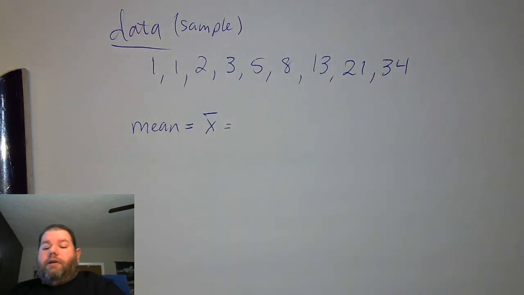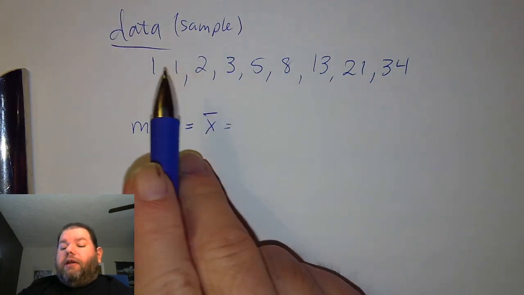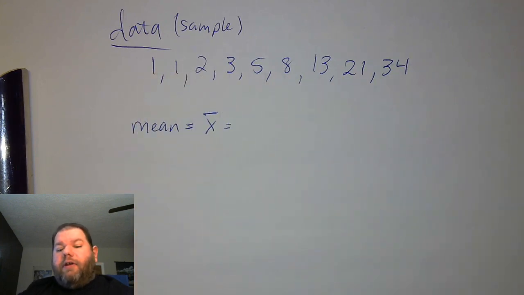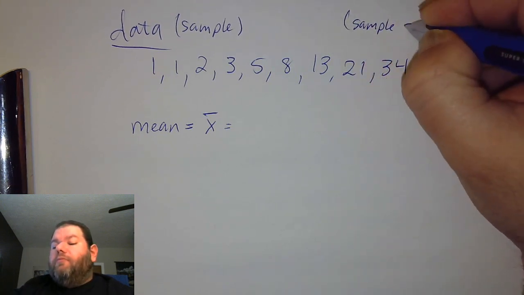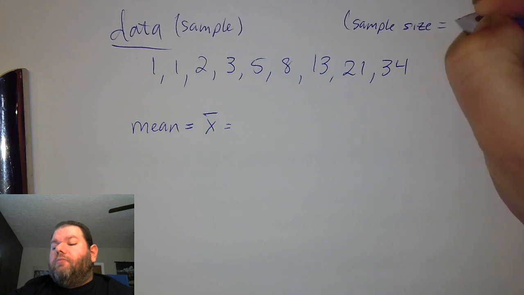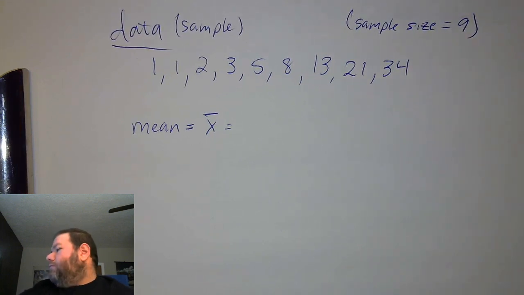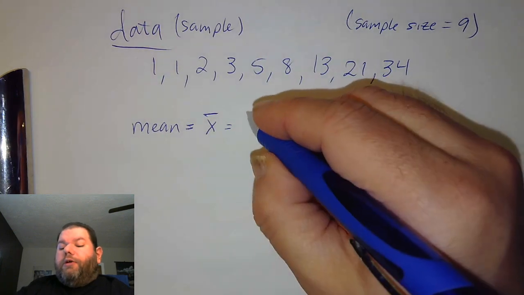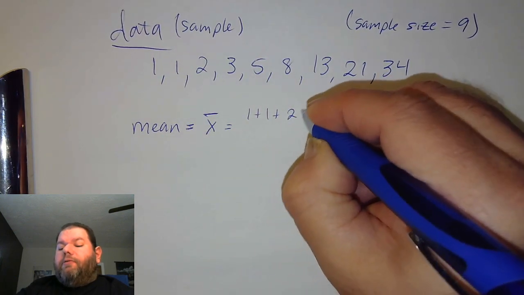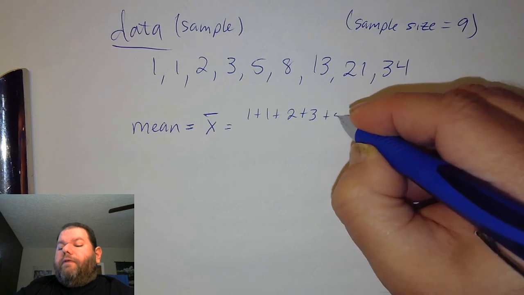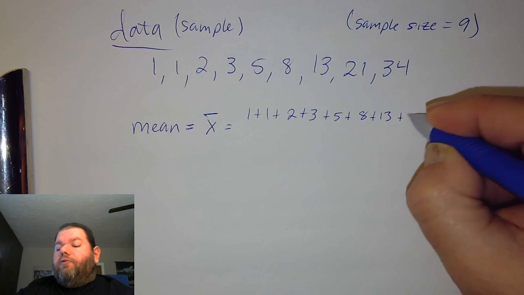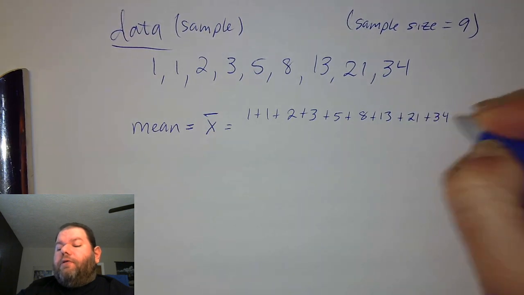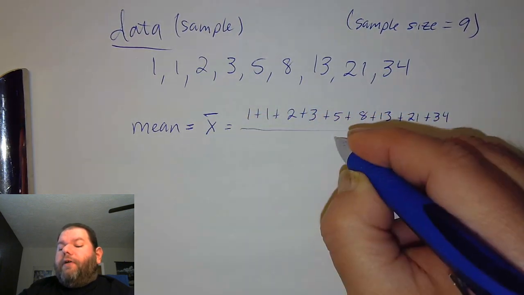Now, to find that mean, we're going to take each of these 9 data values and add them together. So we'll take 1 plus 1 plus 2 plus 3 plus 5 plus 8 plus 13 plus 21 and plus 34. Add those together and divide by 9.